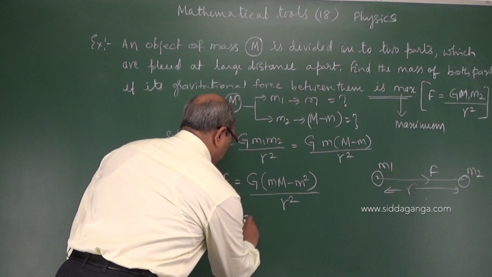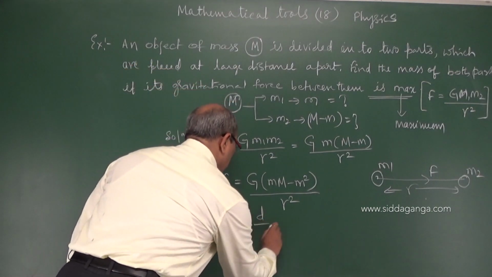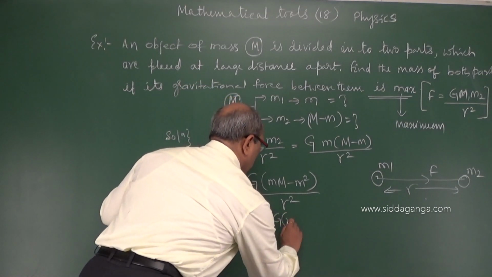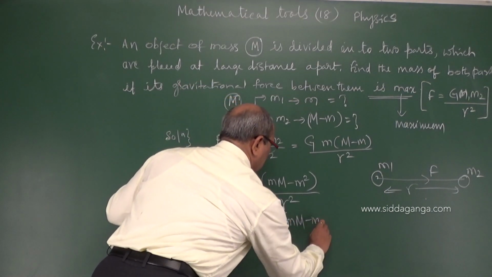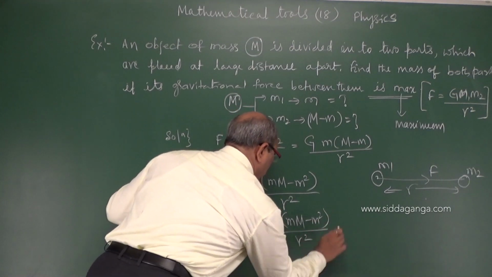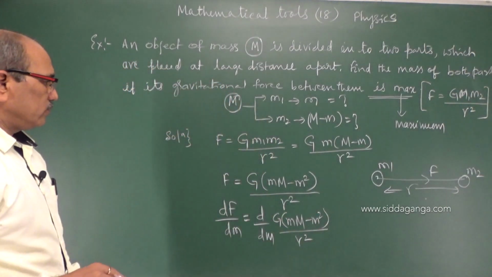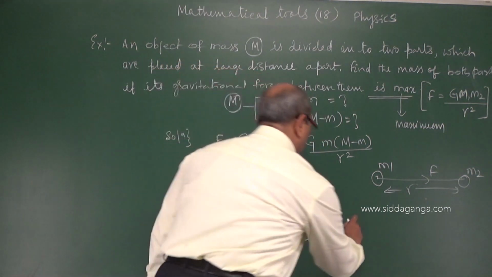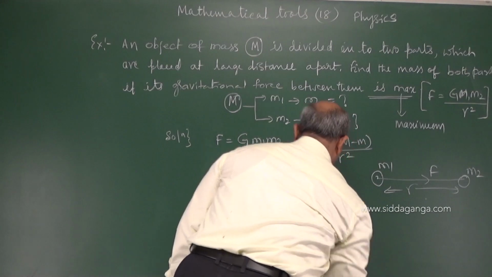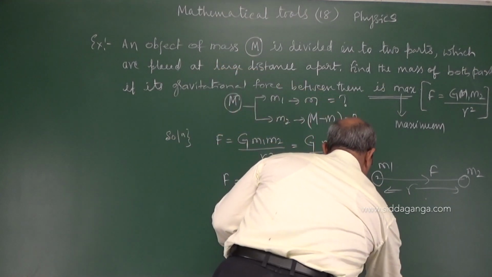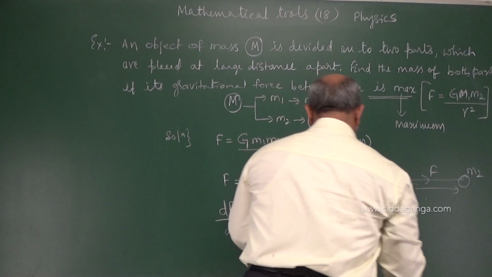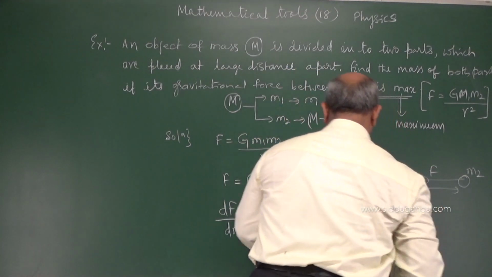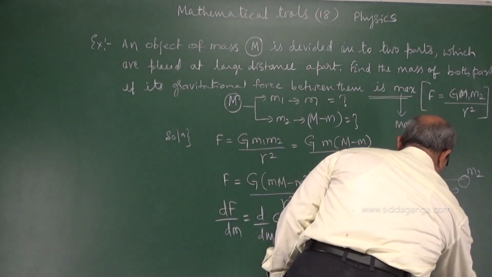So dF by dm, if I do it: d by dm of differentiation of G of m into capital M minus m square by r square. So G and r are constant, I bring out G by r square into the differentiation of m into capital M minus m square. What should it become? 0.